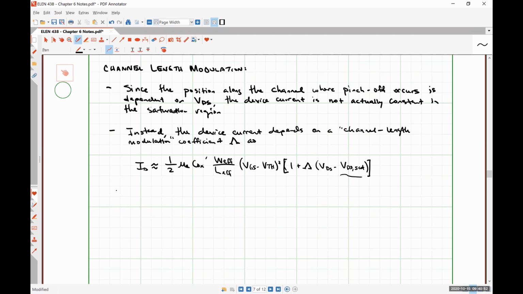All right, so the parameter capital Lambda represents the relative variation in length for a given VDS.